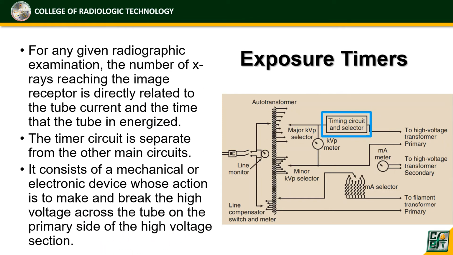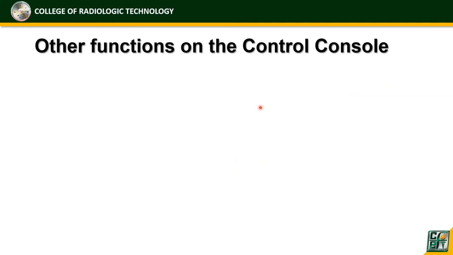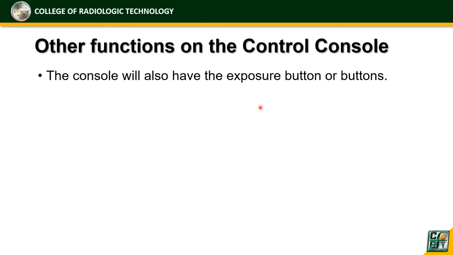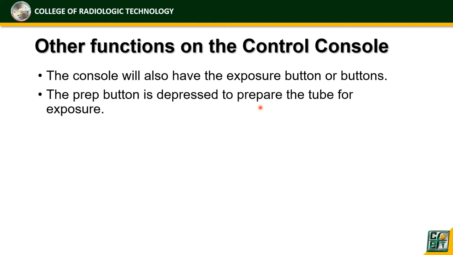Okay? So other functions of the control console. So the console will also have the exposure button or buttons. Okay, the prep button is depressed to prepare the tube for exposure. Okay, the rotor will spin up to 3,400 revolutions per minute.